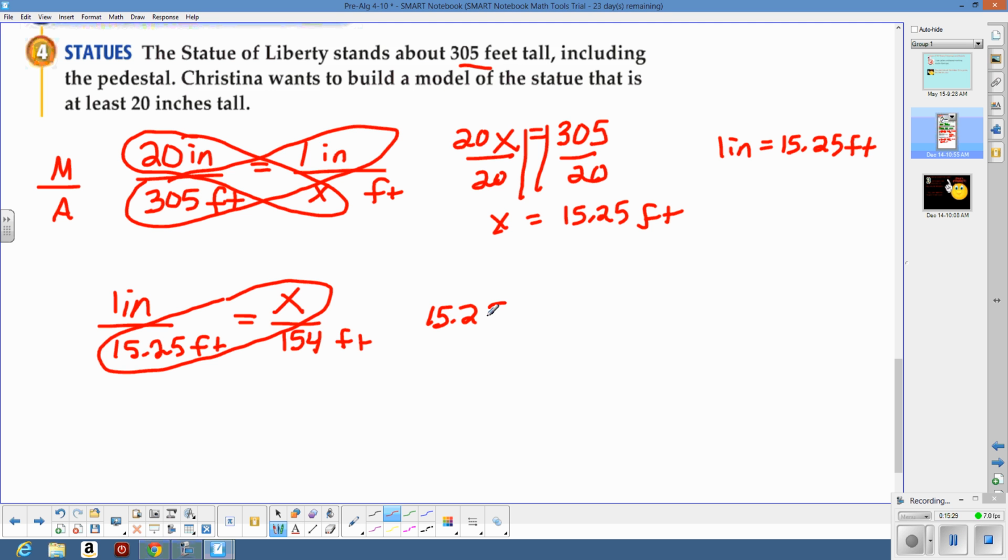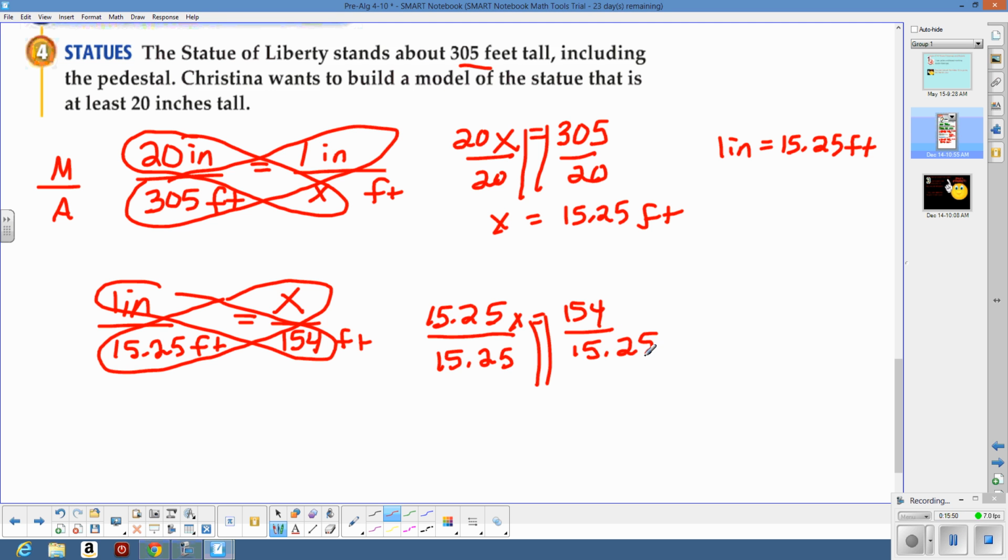15.25x equals 1 times 154. Now you divide both sides by 15.25. So 154 divided by 15.25 ends up being about 10.1.